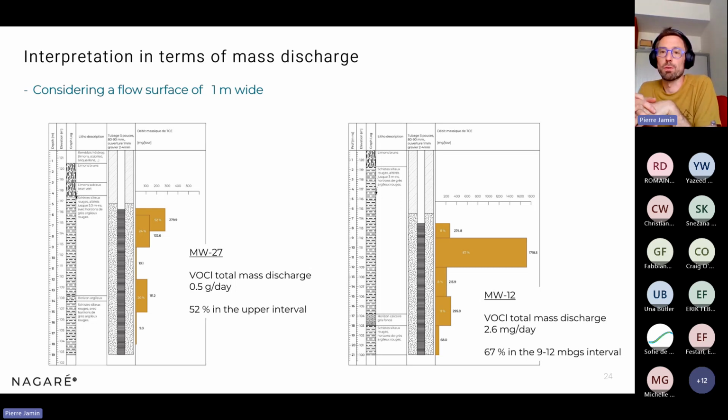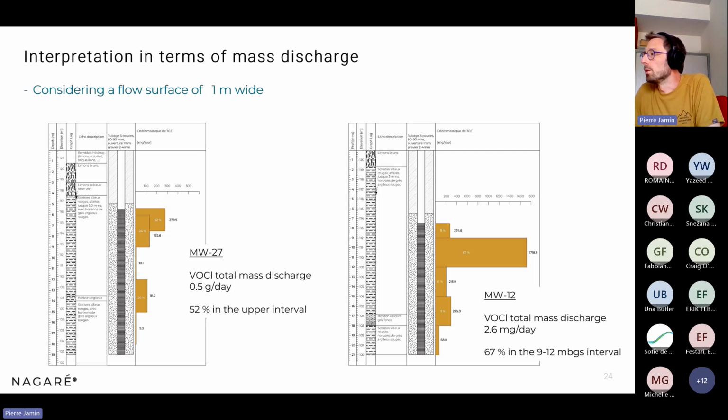So the mass discharge of chlorinated solvent, which is really a mass per unit of time that is flowing through that section. And for the monitoring well in the southeast, so the 27, we got 0.5 gram per day. So it means that 0.5 gram per day of chlorinated solvent is actually transiting by that location and will reach the pumping well.